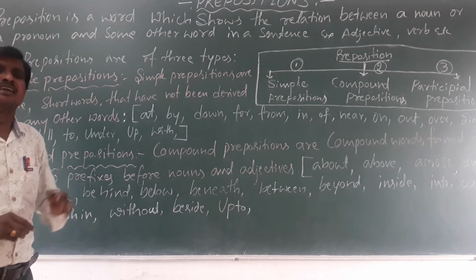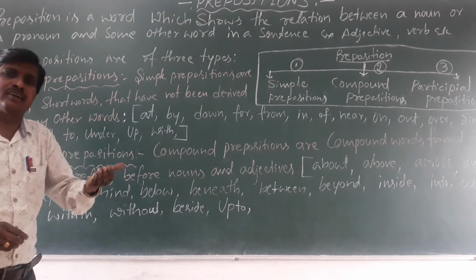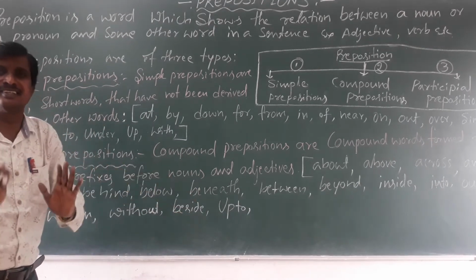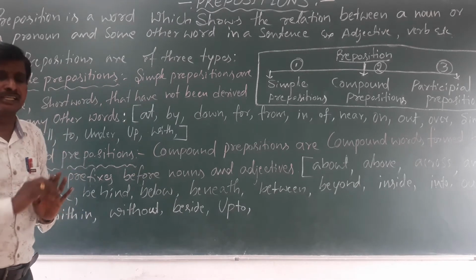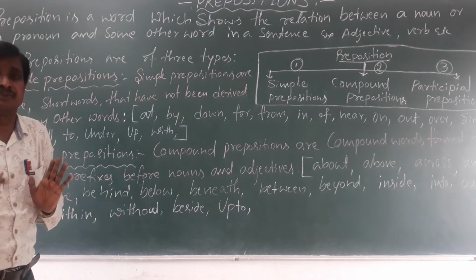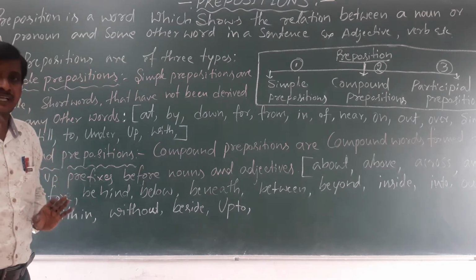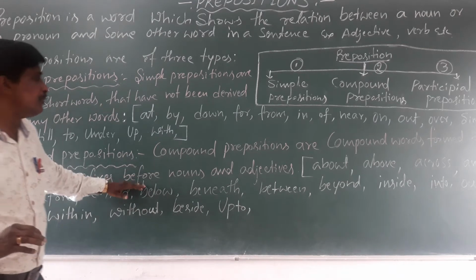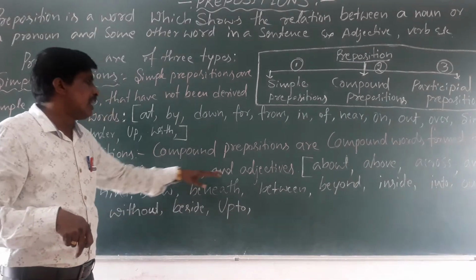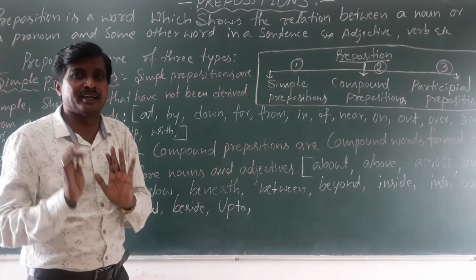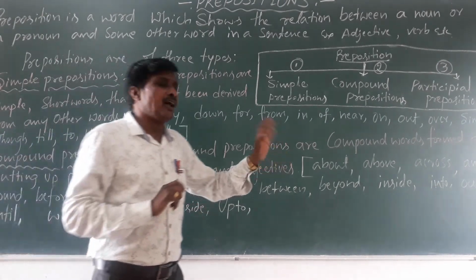Suffix means add a word or a letter after a word. That is called prefix and suffix. I will give you beautiful examples in the word formation class. These are formed by putting up prefixes before nouns and adjectives.